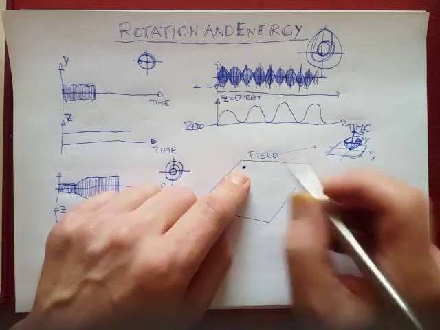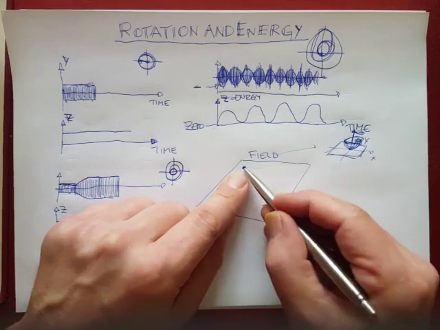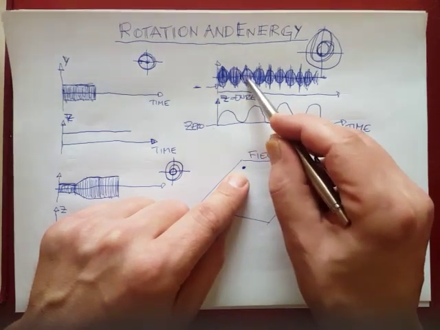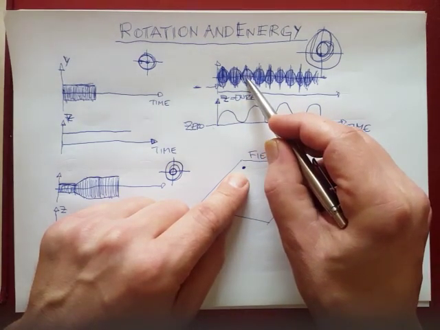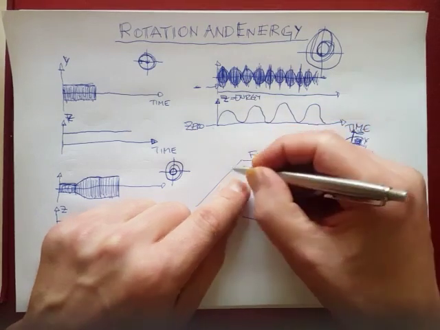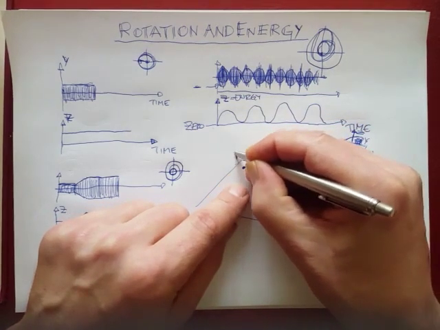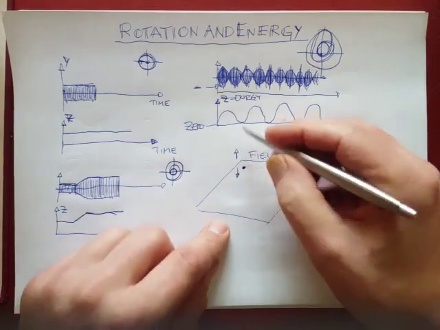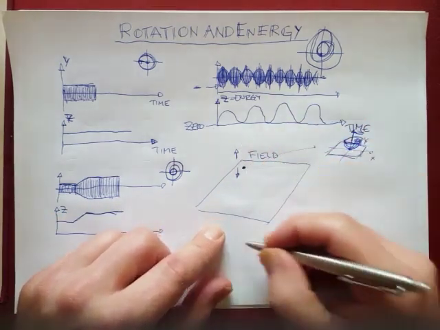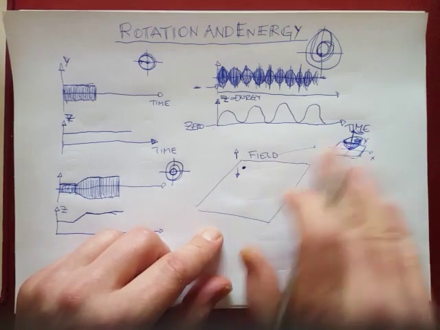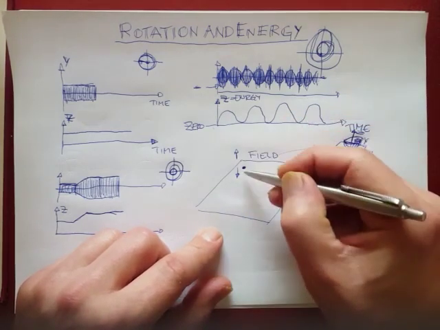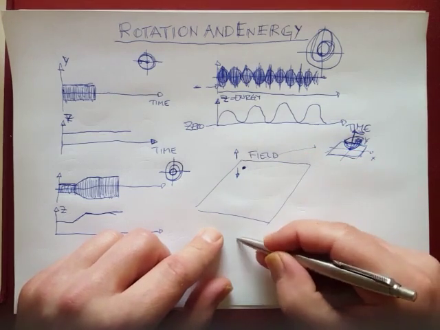And for instance, if we now say the value of this point changes like this over time, that means this value is going up and down over time. And if we plot that value, we're not thinking about this anymore. We're thinking about how this value changes over time.